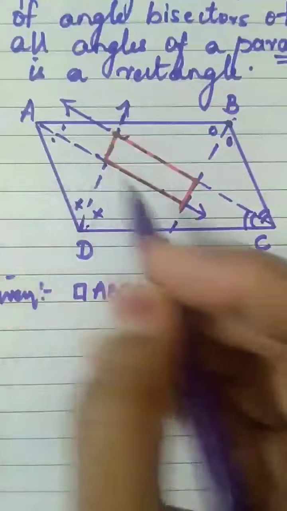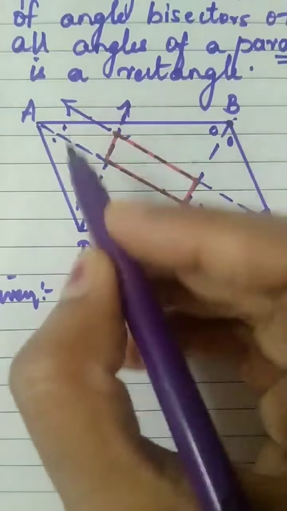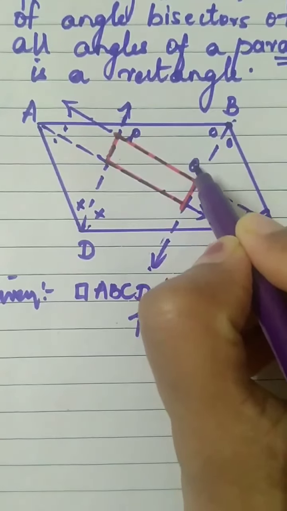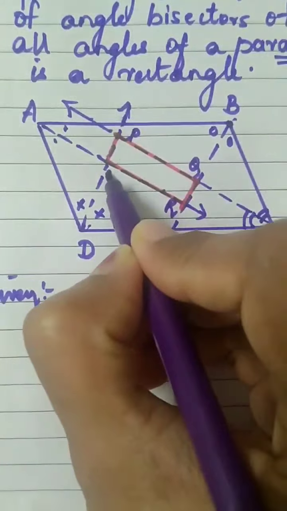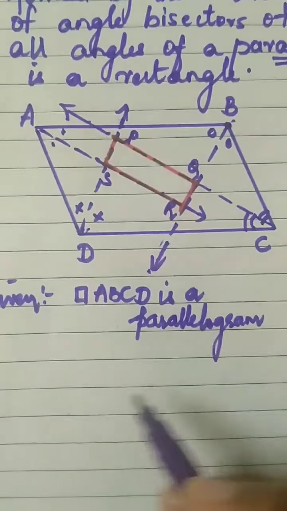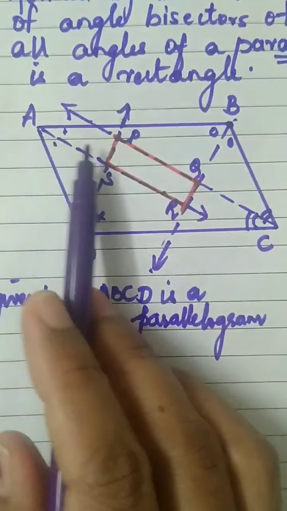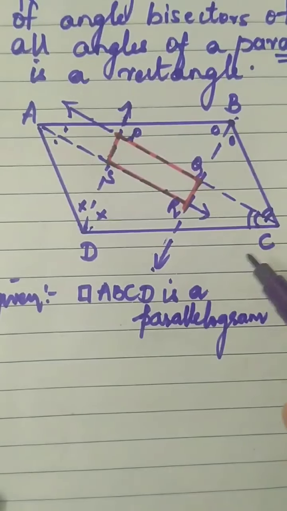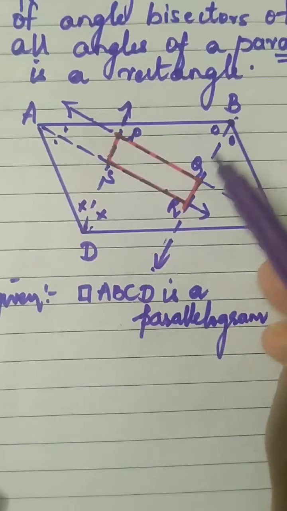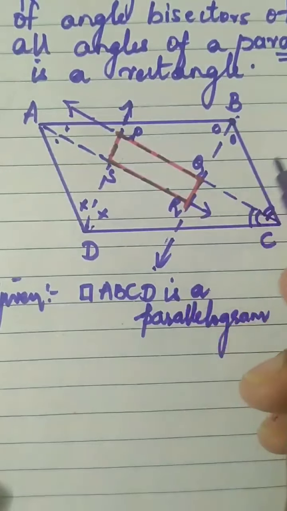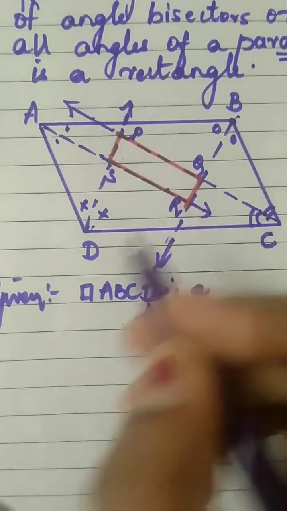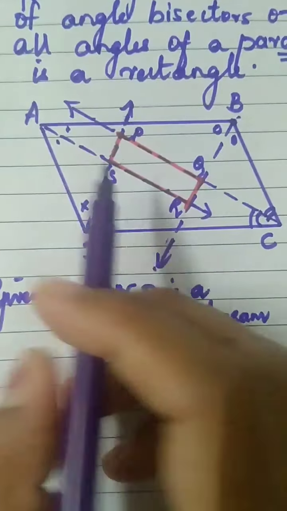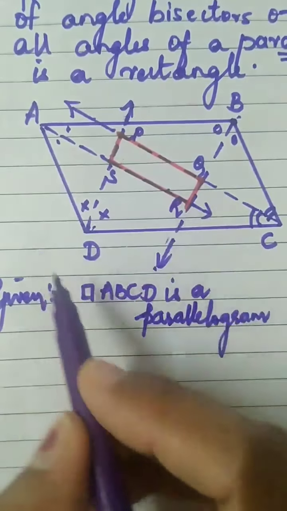So let us name the quadrilateral which is formed, starting from here: P, Q, R, S. So in the given part we will write ray AS, ray DS, ray CQ, ray BQ are the angle bisectors. That is also given. So let's write ray AS, or you can write ray AR also.